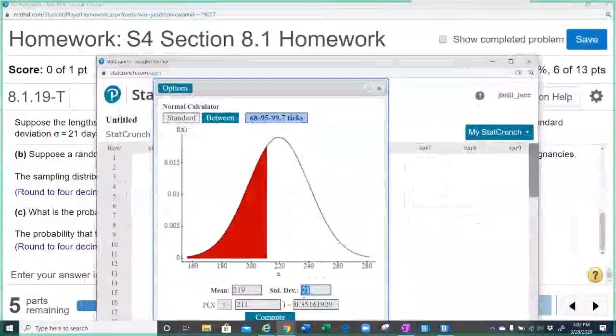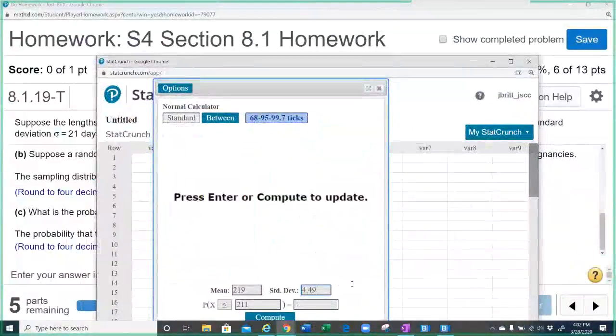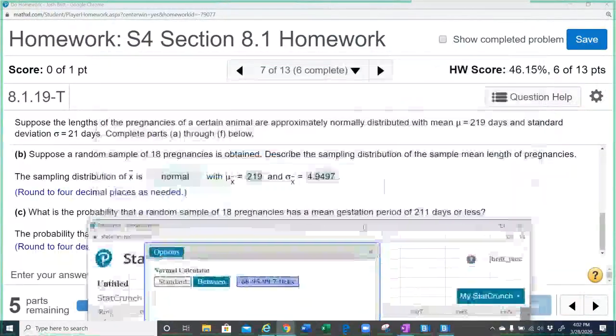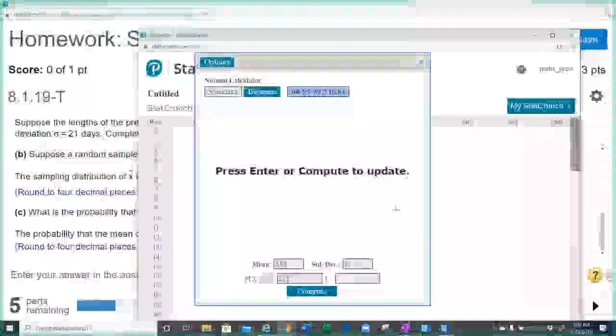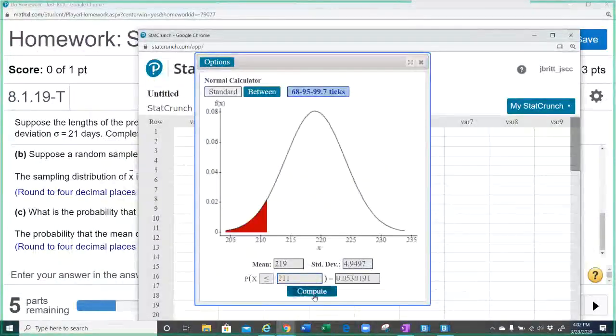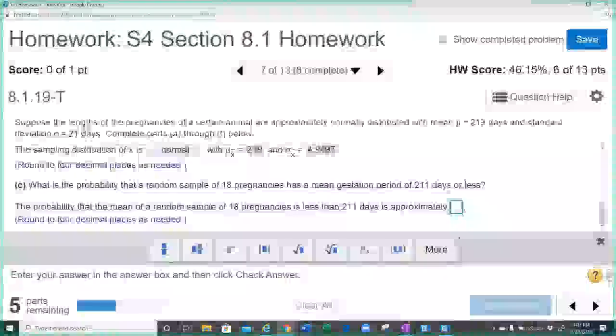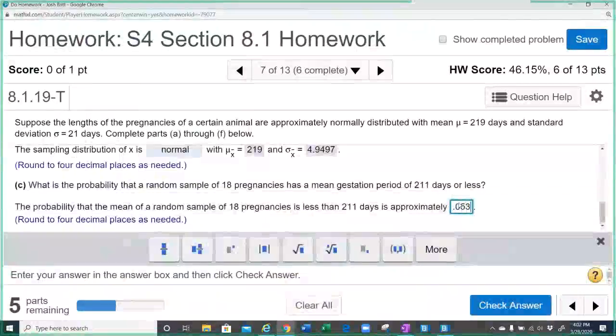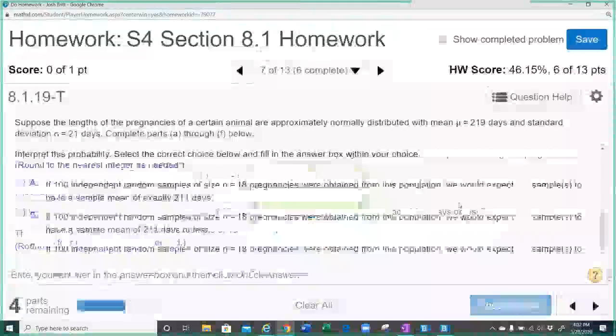So 4.9497, and then less than 211. All we're doing here is changing the standard deviation, and we get 0.0530.